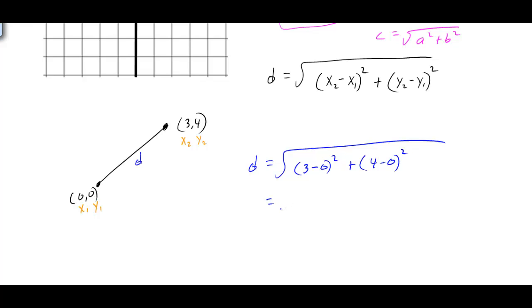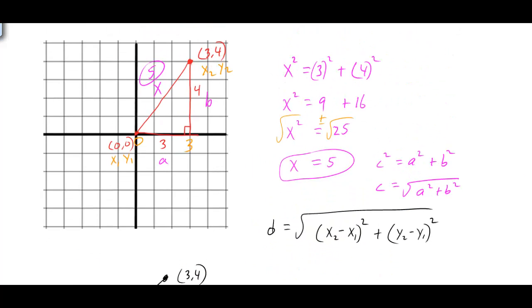And this is going to be pretty simple because we end up with 3 minus 0, so that's 3 squared, which is 9, plus 4 minus 0, so 4 squared is 16, and we end up with the square root of 25, which equals 5. And if you notice, that's the exact same answer we came up with up here when we were using the Pythagorean theorem to find our missing side. Because really we have found the distance between the origin and the point 3, 4.